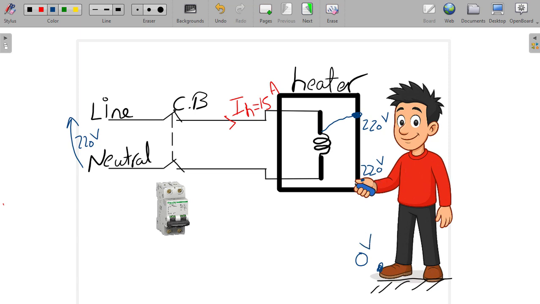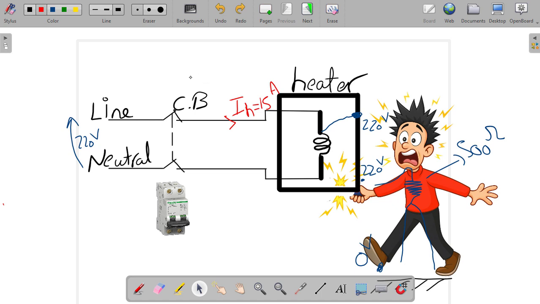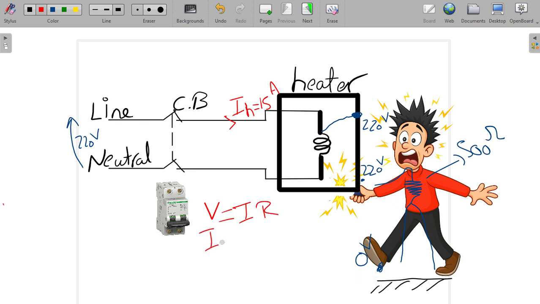This human has a resistance and his body is a good conductor actually. Let's say that his body is wet and this resistance is 500 ohm. As you can see, this poor guy now has been electrocuted. How much current will pass? According to Ohm's law, V equals I times R. So I, which is the current of his body, I will call it IB, equals the voltage difference on his body over the resistance of his body.